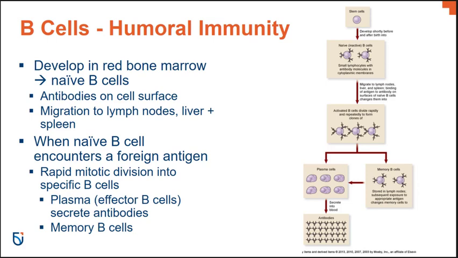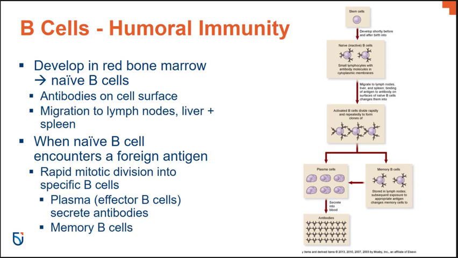This will then trigger a rapid series of mitotic division, essentially creating a clone of itself. The clone will then differentiate into many different types of cells, such as plasma cells and memory cells. Plasma cells synthesize and secrete huge amounts of antibodies, and we're going to talk about specifically what antibodies are on the next slide.